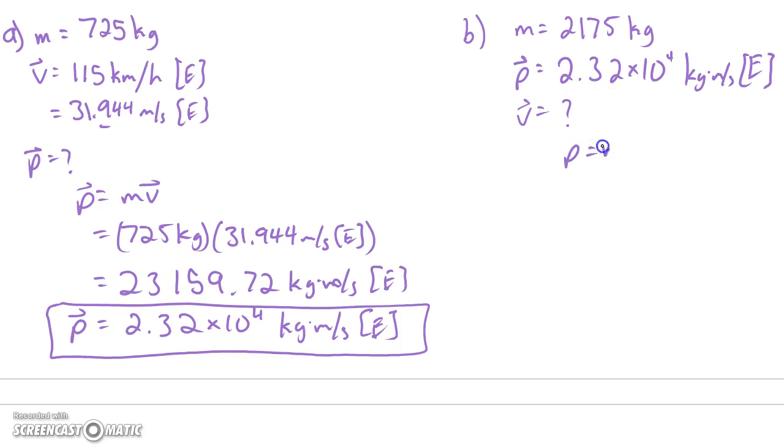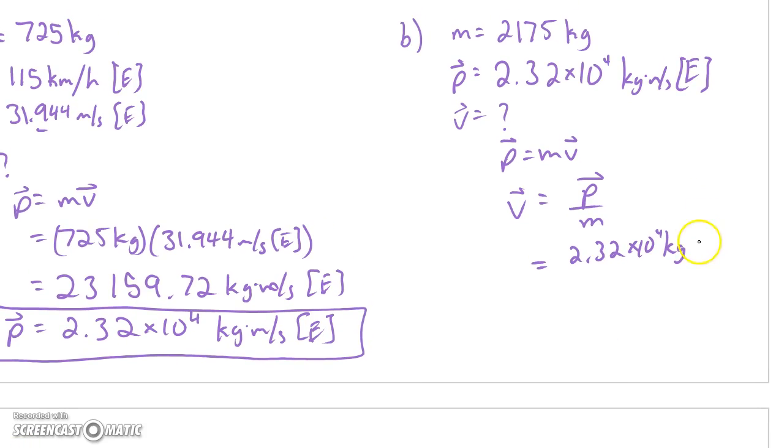So again, start with our equation, isolate for velocity by dividing by mass, and divide that by 2,175 kilograms.